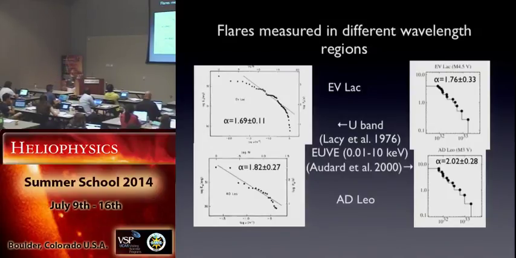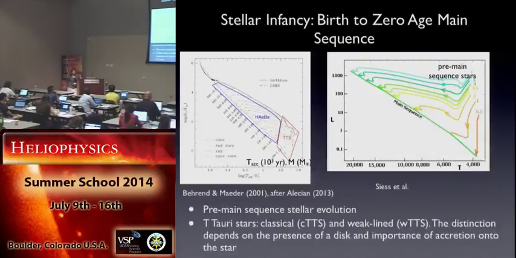I'm going to be referencing a lot of flare frequency distributions, because that's one way to build up statistics of flares and compare that with our understanding of solar flares. We can measure these flare frequency distributions in different wavelength regions, as long as you pick one region of the electromagnetic spectrum where flares happen, and then just count flares, either from one particular star by just sitting on it for a long time, or looking at an ensemble of stars that are similar in some fashion.